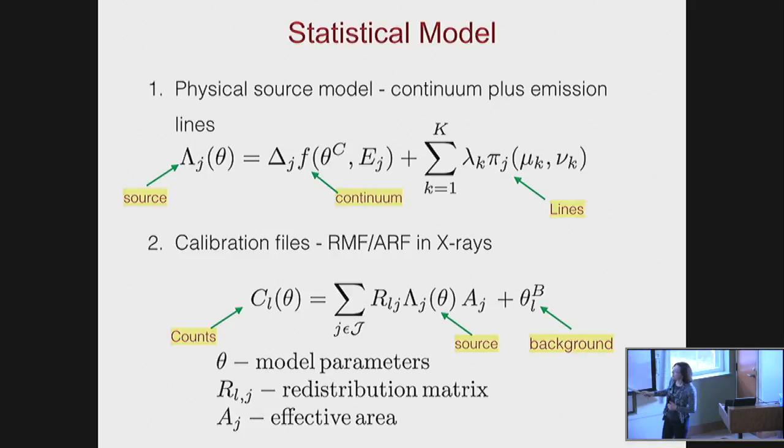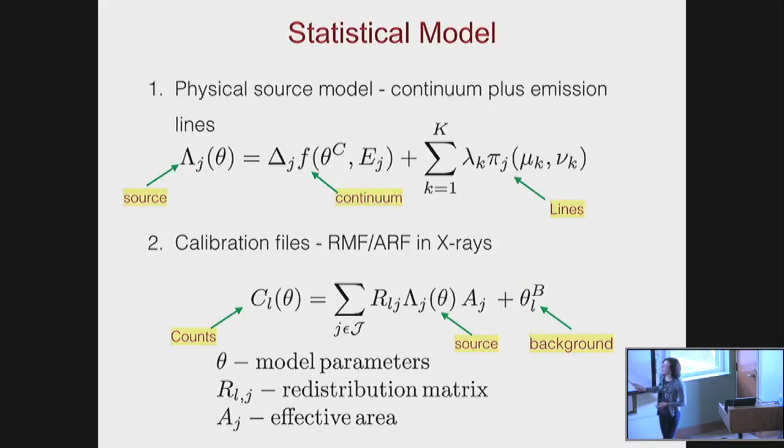In X-rays, we also have to include the calibration files. We observe counts which come from the source. And then we have 2 calibration products, the effective area and the response file, which tells you how a photon of energy 5 keV was detected by the telescope and the detector.